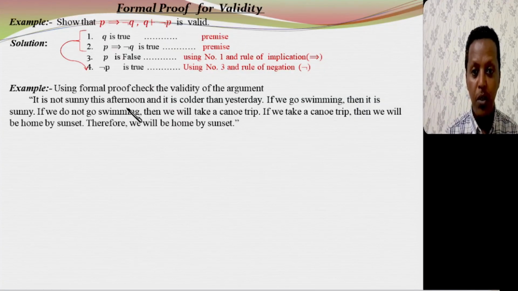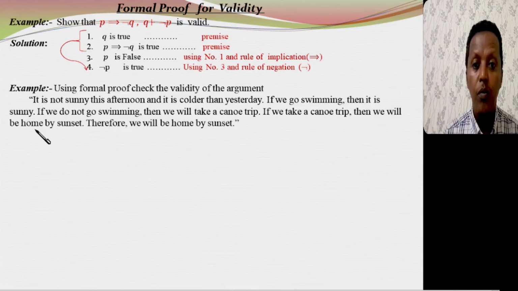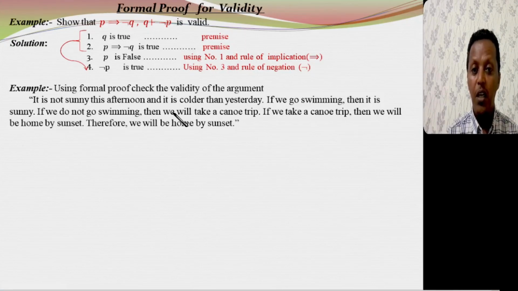The key points mentioned in the given argument: whether the afternoon is sunny or not, colder than yesterday, going swimming, taking a canoe trip, will be home by sunset. So basically, we have 5 points mentioned in the given argument.